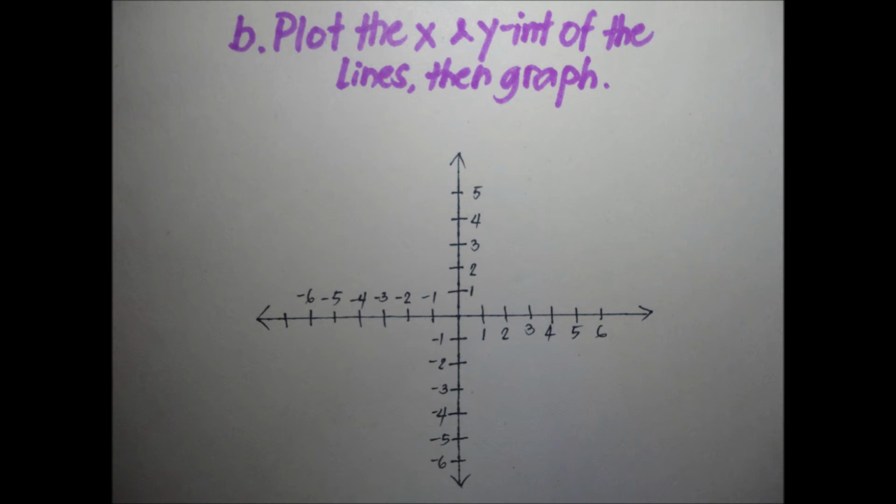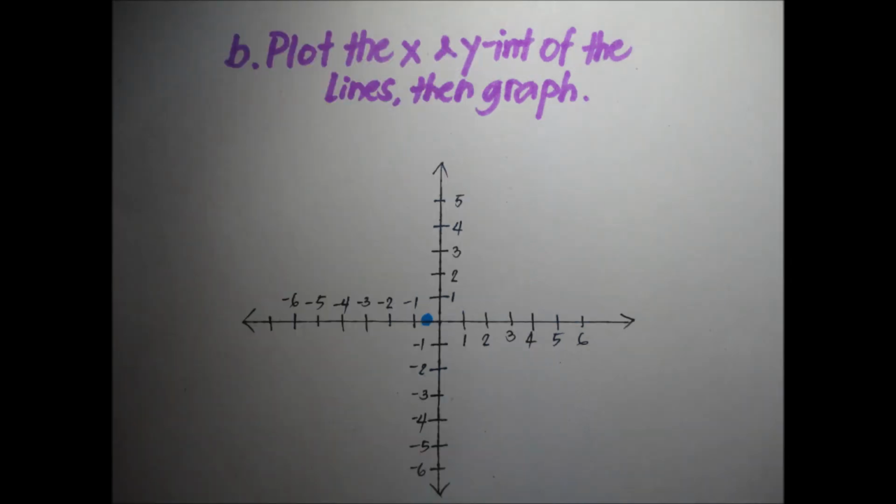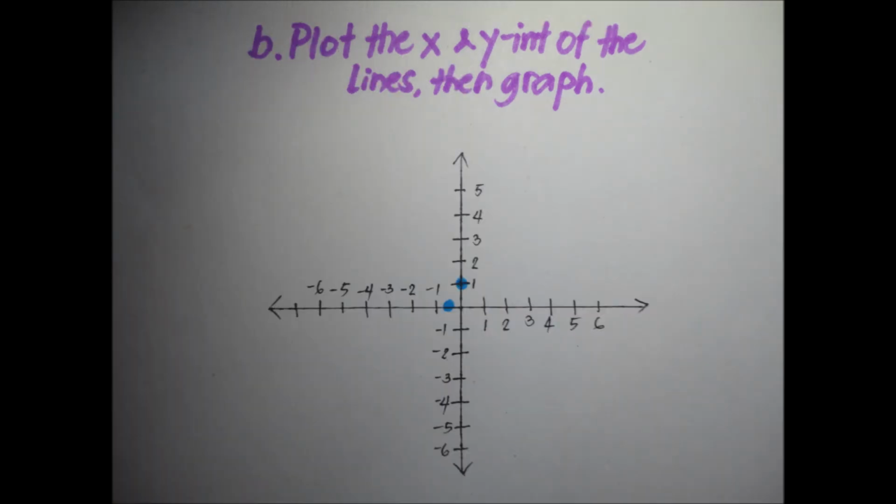So let us first begin with the x-intercept of the first line. The x-intercept of the first line is negative 1/3. So we plot that on the x-axis. Now, let us plot the y-intercept of the first line. And the y-intercept of the first line is 1.